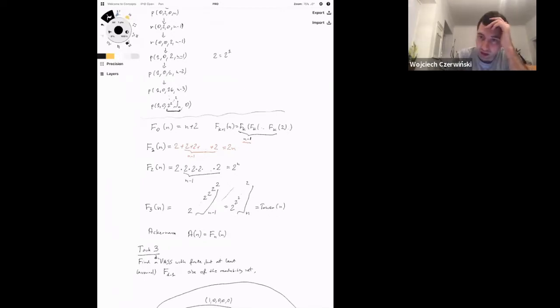So we have a big value on the third coordinate. Now we should move it to the fourth one, because the fourth one counts how many times we can exponentiate.